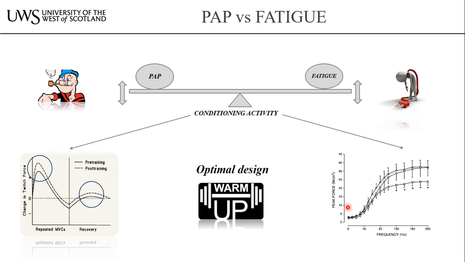And we well know that there are some other mechanisms facilitating the PAP effects. So an increase in the muscle temperature, an increase of the excitability of the neuromuscular junctions, a change in the specific pennation angle of the muscles recruited and demanded to produce force.